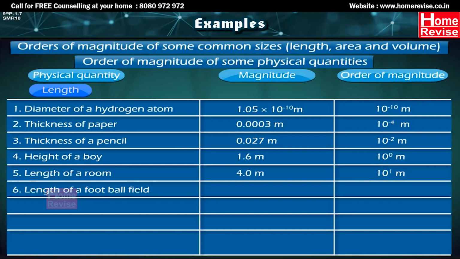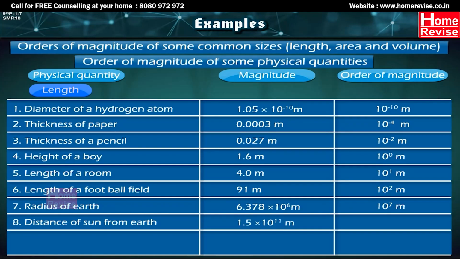6. Length of a football field. 91 meter is the magnitude. Order of magnitude is 10 raised to 2 meter. 7. Radius of Earth. Magnitude is 6.378 into 10 raised to 6 meter. Order of magnitude 10 raised to 7 meter. 8. Distance of Sun from Earth.